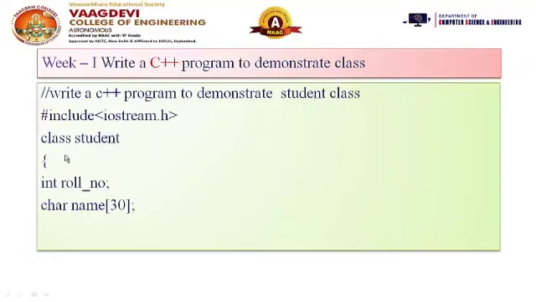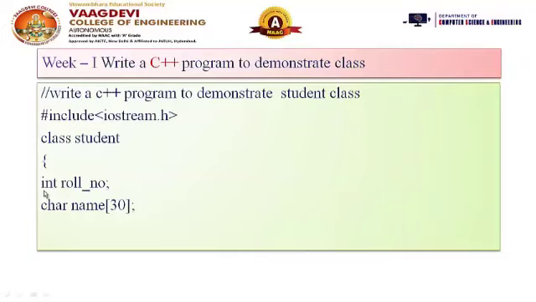This is a declaration for a class named student. The body of the class is enclosed within braces and it is terminated by a semicolon. Whatever comes inside the starting and ending curly bracket is considered a part of the class.